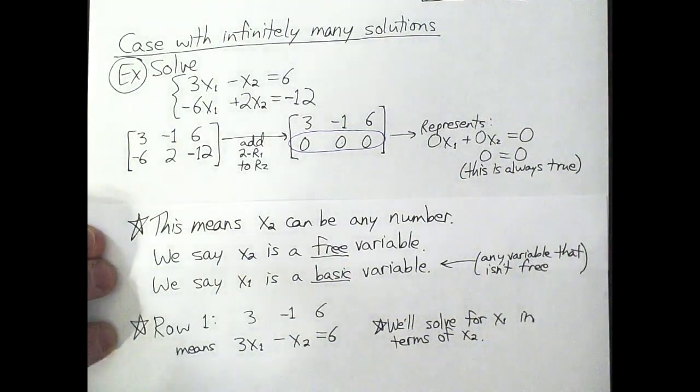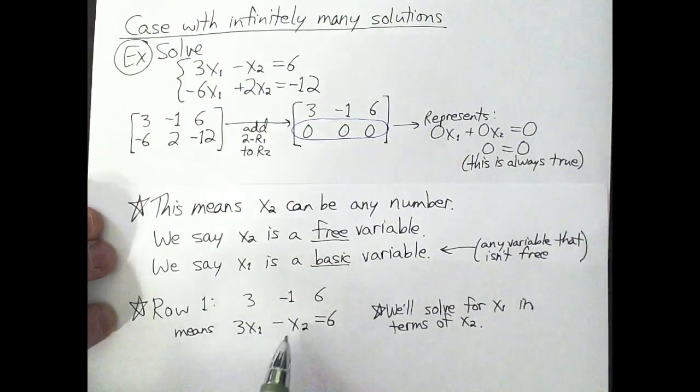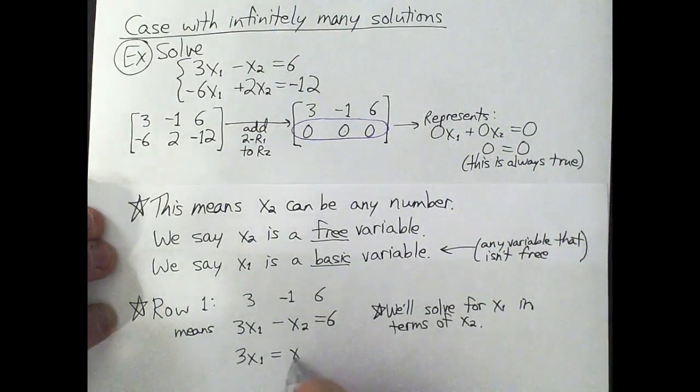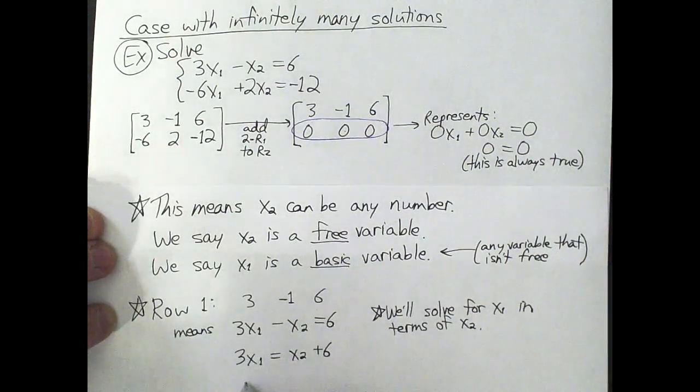It feels like that's normally what we would do, except normally we would have a specific thing to substitute in for x2. Right now we don't have anything specific to substitute in for x2, so we're just going to leave it as x2. But we're still going to solve for x1. So 3x1 equals x2 plus 6, which means x1 equals 1/3 x2 plus 2.